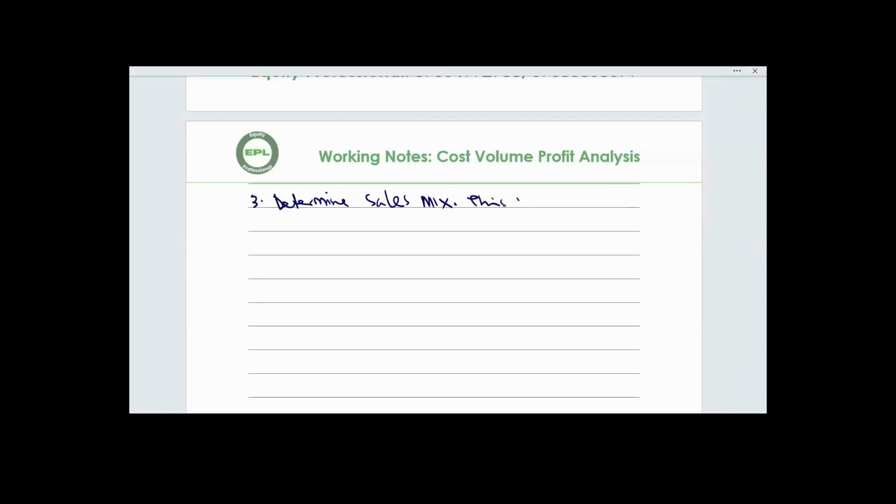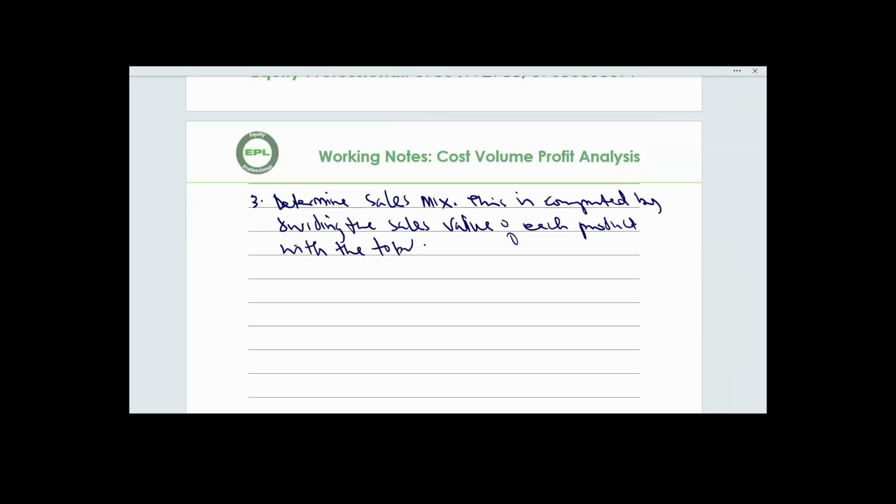This is computed by dividing the sales value of each product with the overall or total sales value for the organization. So that's how you are going to determine your sales mix.